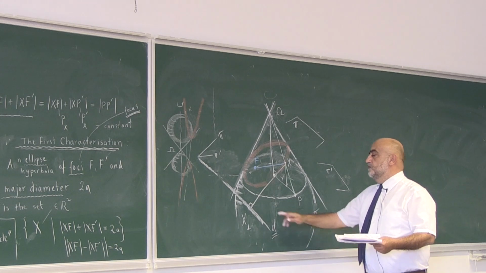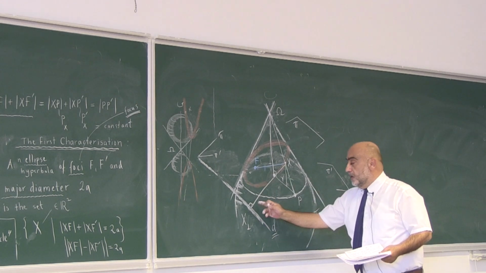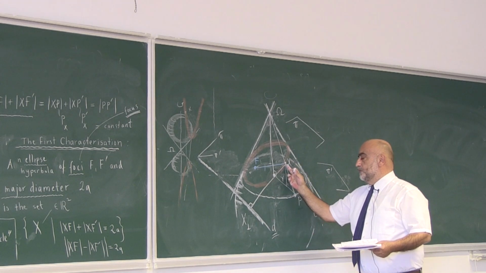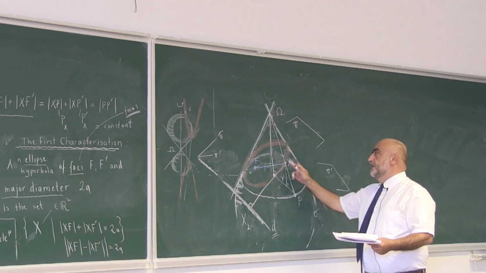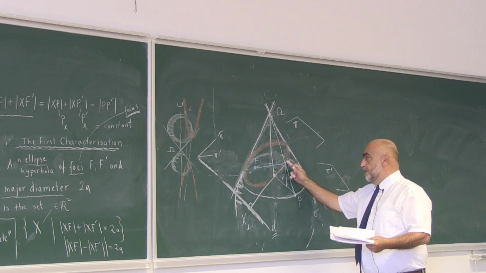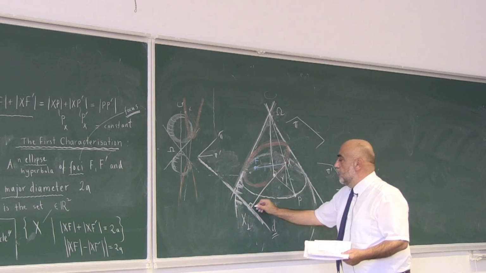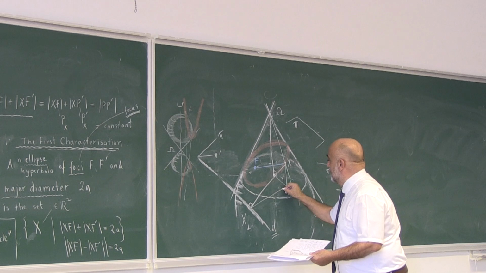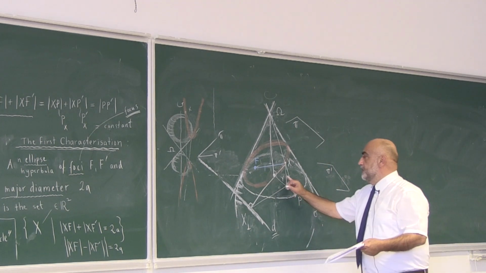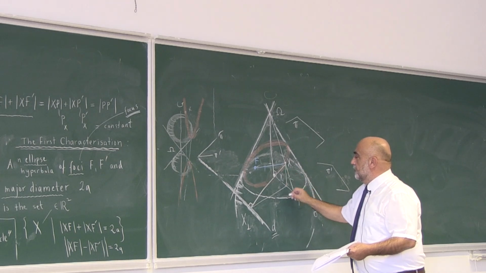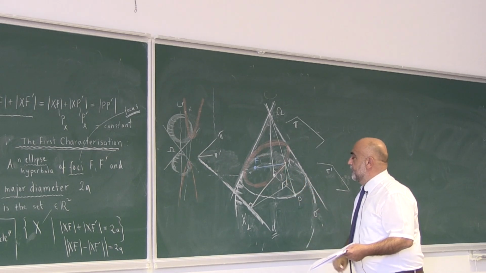If you join the foot of the perpendicular dropped from the point onto the line to the foot of the perpendicular dropped from X to the plane, then you will obtain a very nice, very beautiful right triangle, another right triangle.